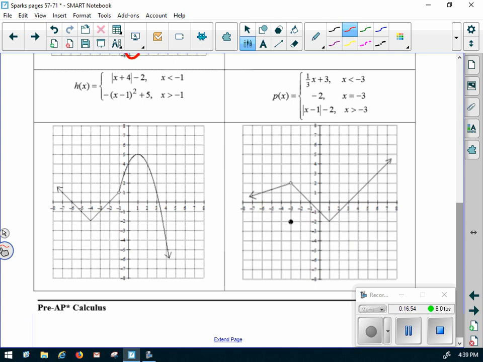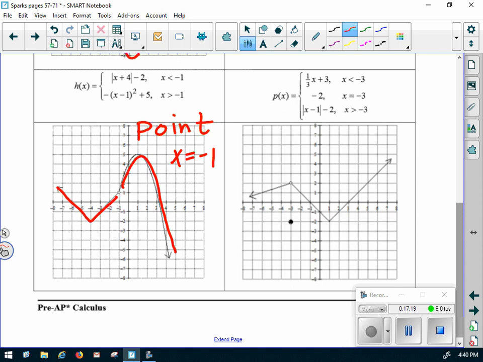H of x. I'm going to trace left, left, left, left. Whoop! I got a discontinuity at x equal -1. Do those two pieces connect at an open circle, or do they not connect at all? Well, they connect at an open circle. So this is called a point discontinuity at x equals -1.